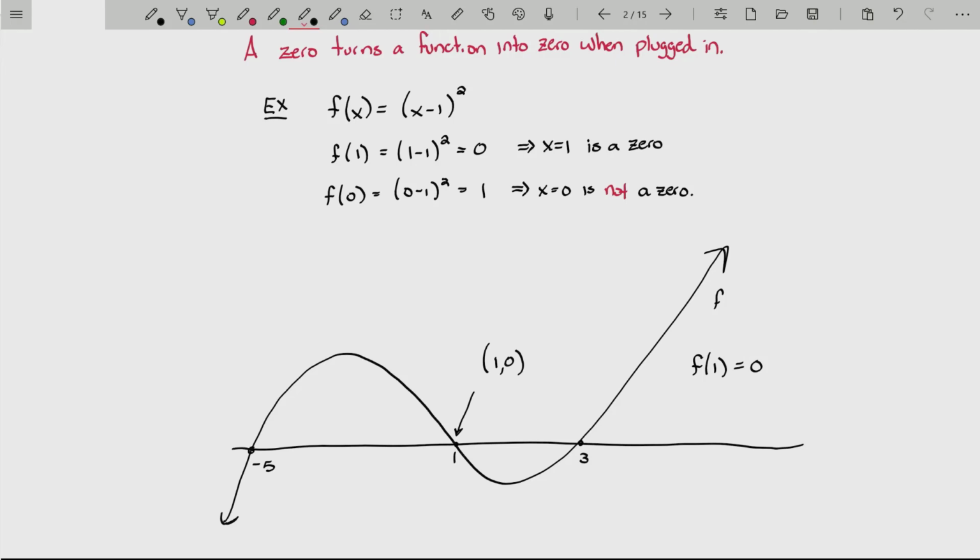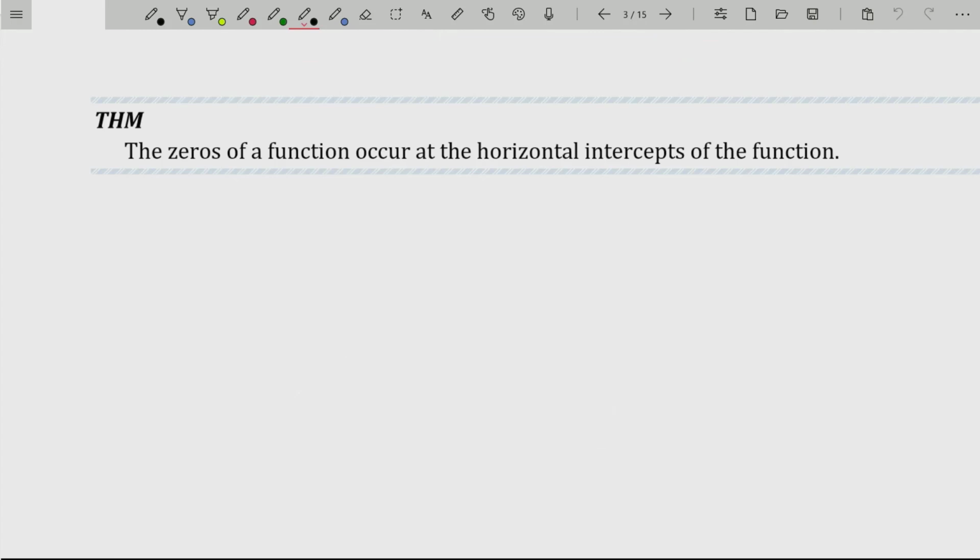And that actually brings up our first theorem related to zeros of a function. The zeros of a function occur at the horizontal intercepts of the function. I'm not going to prove this, although the justification is very easy, right?